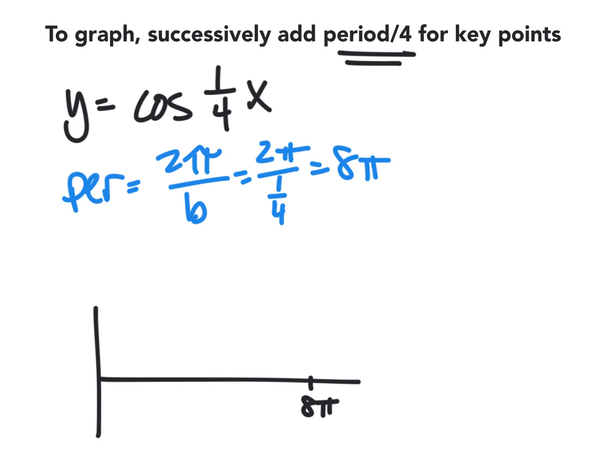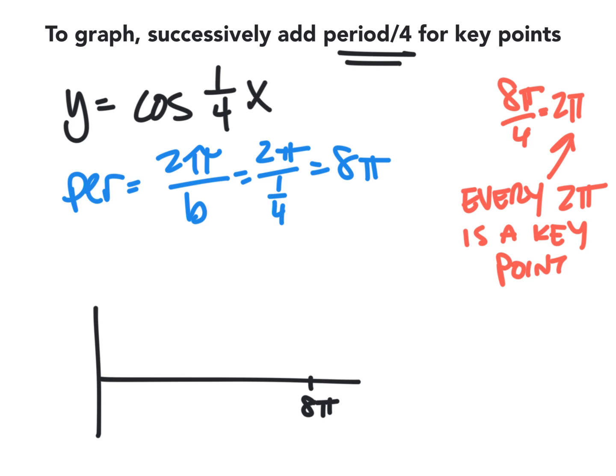Now to find these key points, I'm going to take 8 pi and divide it by 4. So this would be every 2 pi, there's going to be a key point. So I'm going to say, starting at 0, I just keep adding 2 pi: 2 pi, 4 pi, 6 pi, and finally I end at 8 pi. And this should let me complete a full cycle.